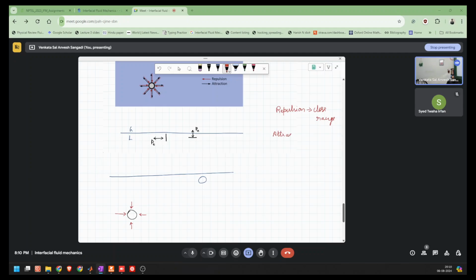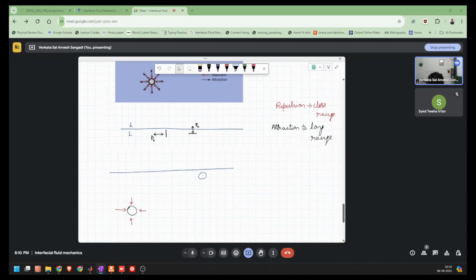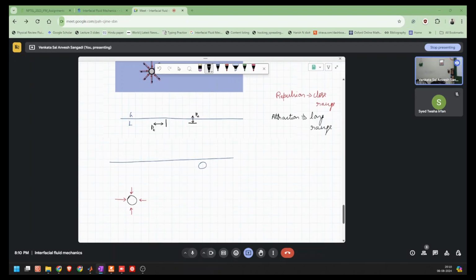I can write it in the same color. Long range. So black, he says that this is the attraction force. Yeah. So this is for the bulk.